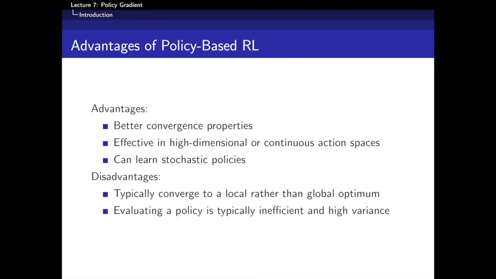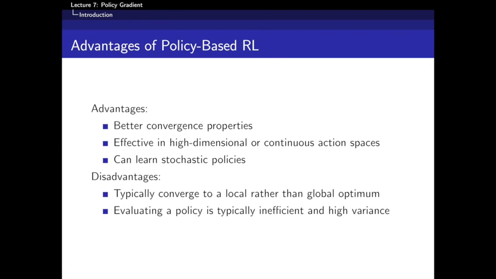Whereas if you just follow the gradient of your policy, these methods tend to be more stable. You're smoothly updating your policy. You don't get these dramatic swings in what action you're going to take, because you just make a little incremental change to your policy and you move in the direction that makes your policy better. Indeed, if you just directly follow the policy gradient, you're guaranteed to converge at least to a local optimum.